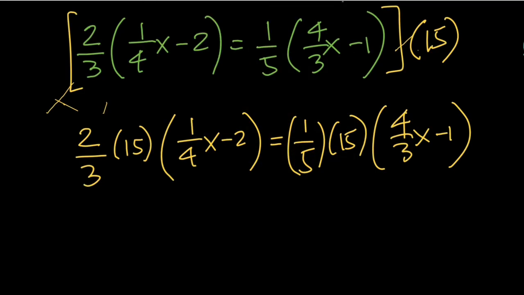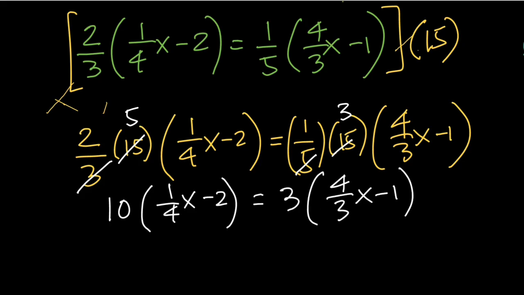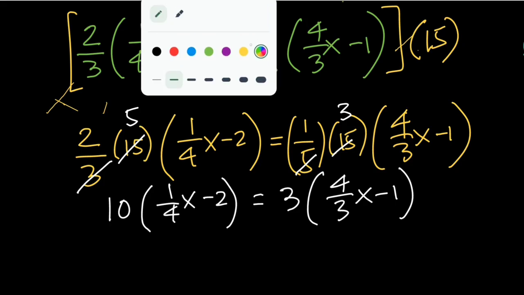Then, okay, 15 is divisible by 3. So 15 divided by 3 is 5, and we're left with 2 times 5 is 10. So 10 times (1/4 x minus 2) equals 15 divided by 5 is 3, so 3 times (4/3 x minus 1). And now we can distribute.